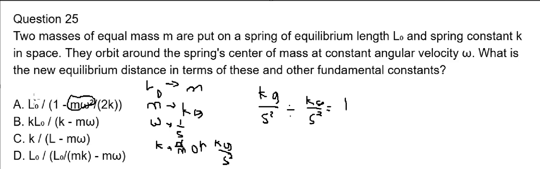And then given how this L0 has units of meters, our final thing is going to be meters over 1, which is, well, just meters, which is what we'd want in our answer. So that's a possibility.